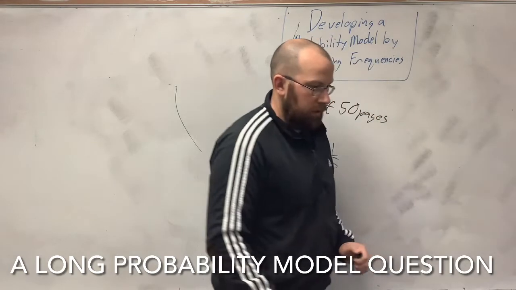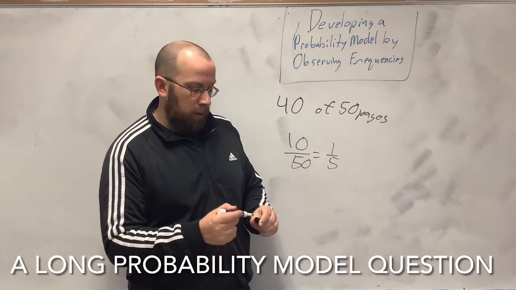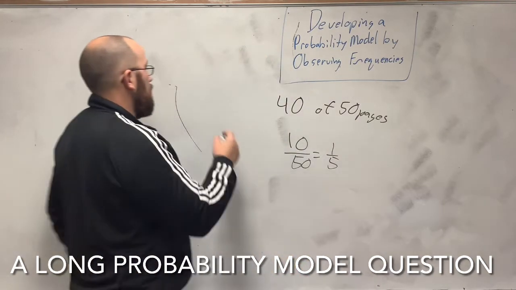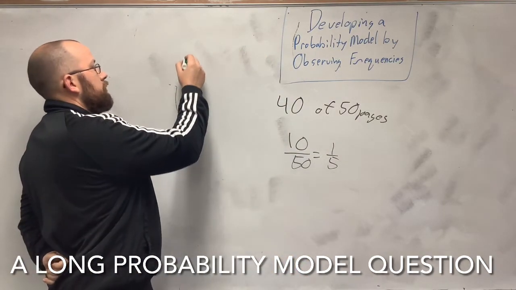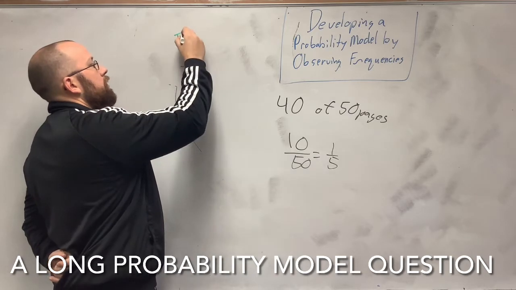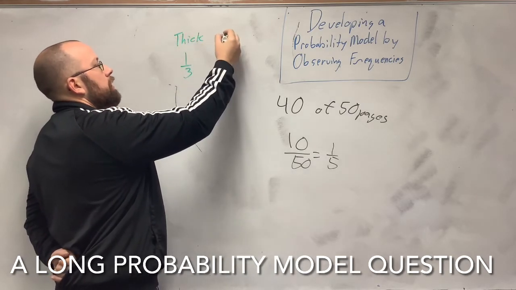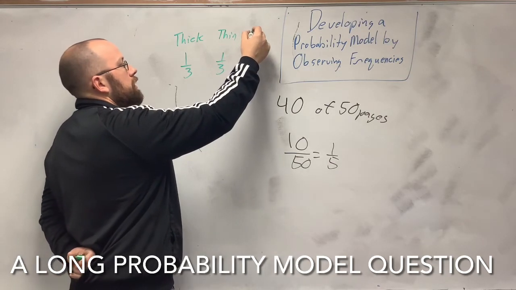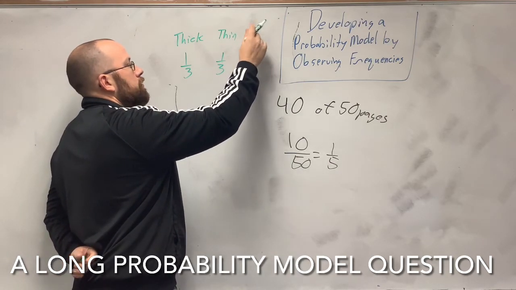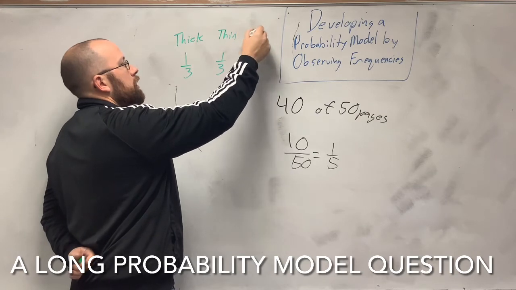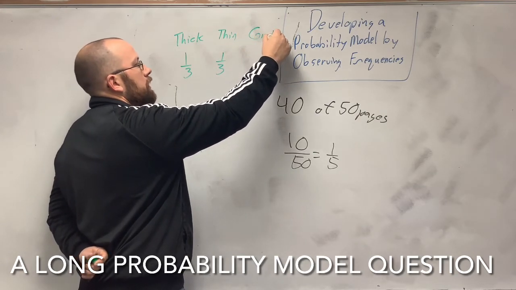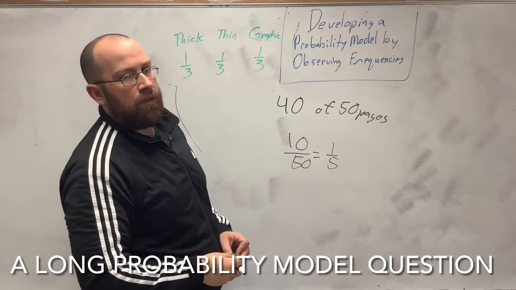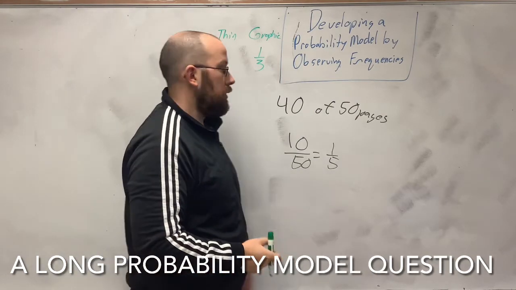I talked about the borders. So 1/3 are thick borders, 1/3 are thin borders, and 1/3 are graphic borders. So is that uniform? And how do you know?